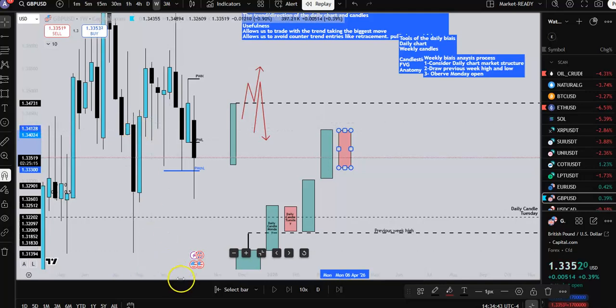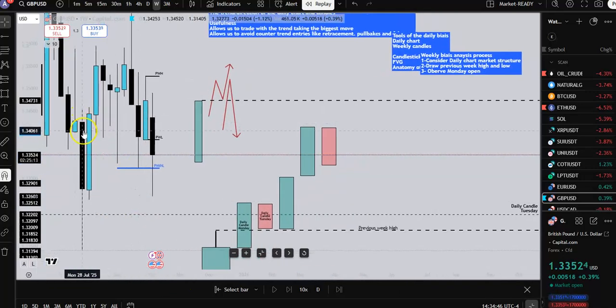So, for example, we take this candle. It was bearish the whole week. The low of the week was Wednesday or Thursday. It went up. This is a bullish daily candle within the weekly candle. This is a push up, which means we expect a reversal. Not always, but most of the time, we expect a reversal on Friday.